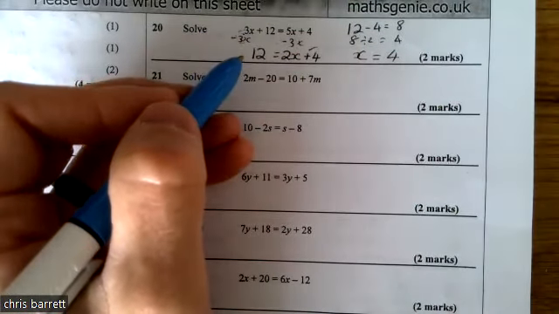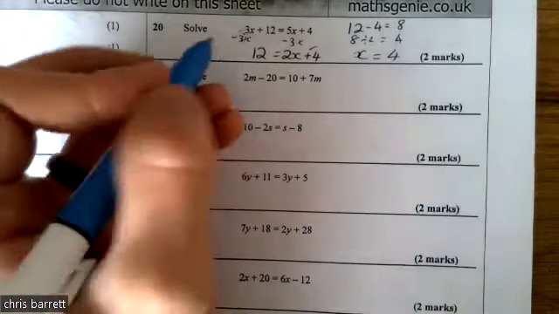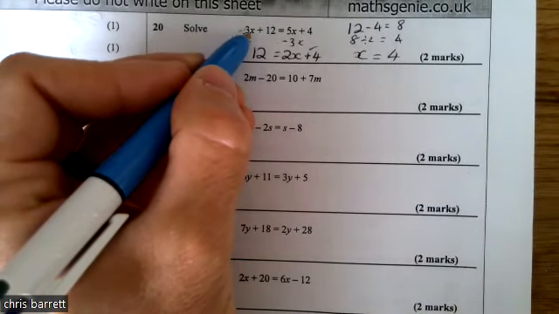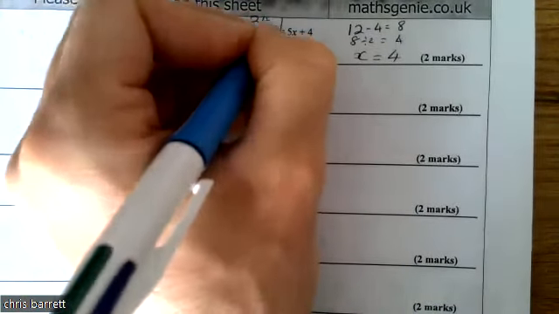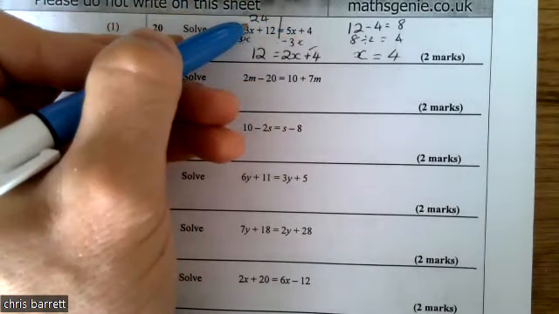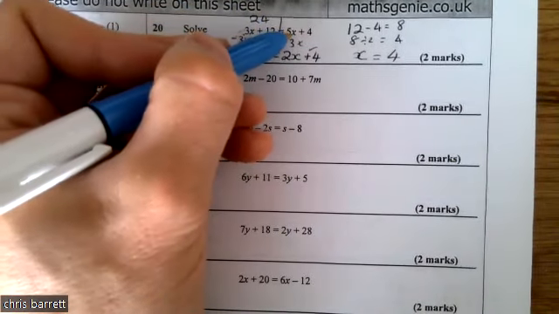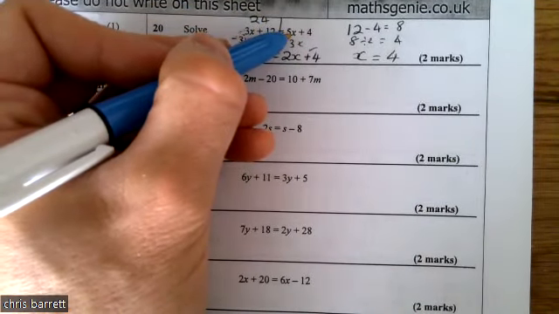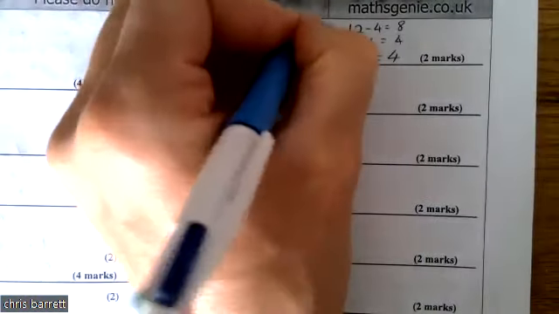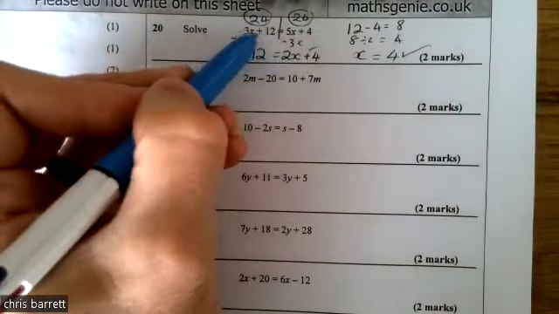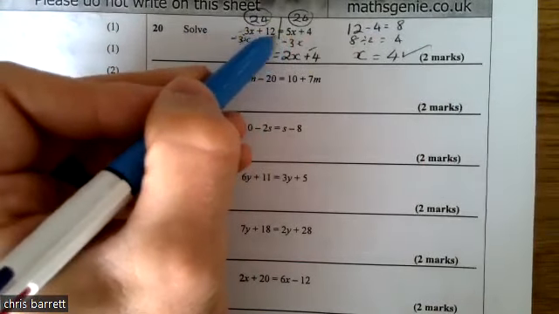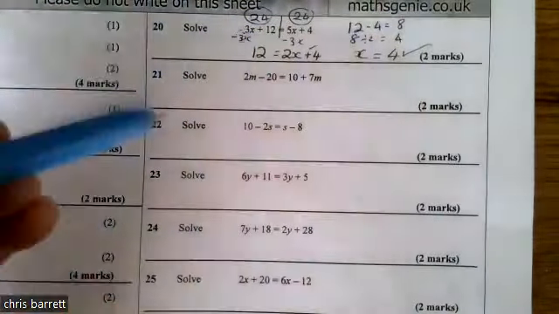Okay, so if I check it out now and substitute it in, 3 multiplied by 4 is 12. 12 add 12 is 24. So to the left of the equal sign, it equals 24. 5 multiplied by 4 is 20. 20 add 4 is also equal to 24. So I know then that's right because both sides of the equal sign is 24, which is how it works.